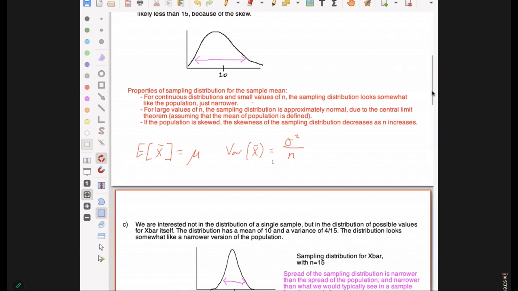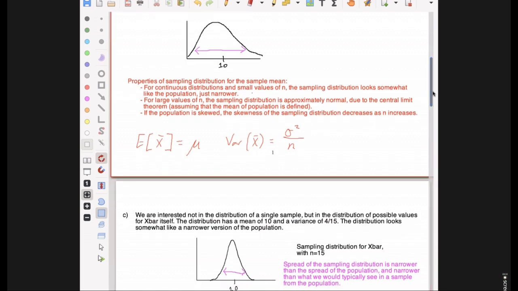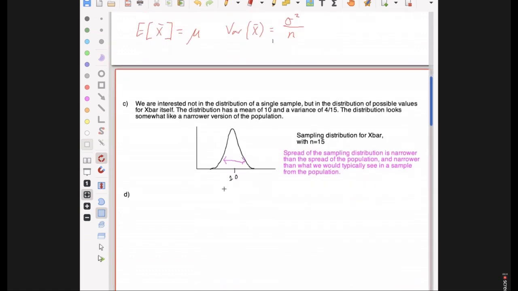Does that make sense? Okay. So even with n equals 15, we see a narrower distribution than our population itself. But when we go to n equals 100, we really get a nice looking distribution.